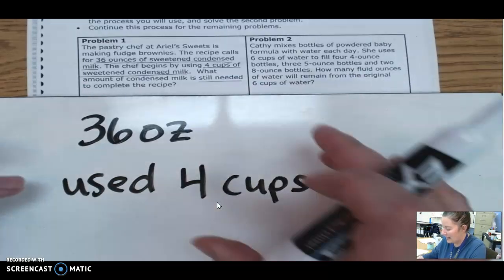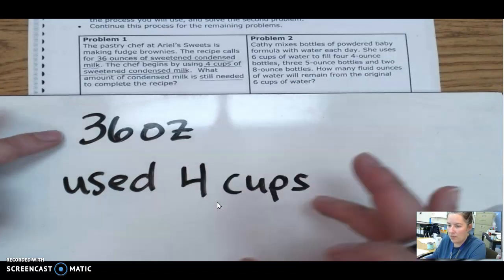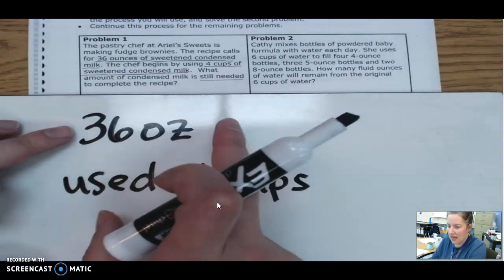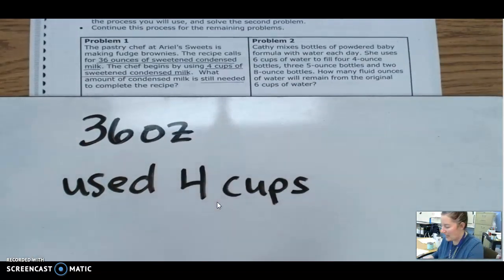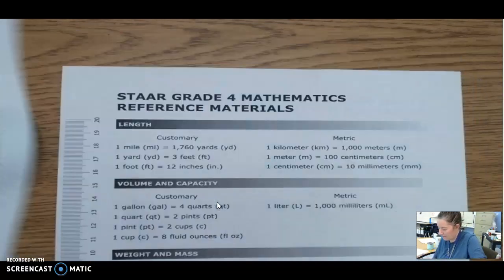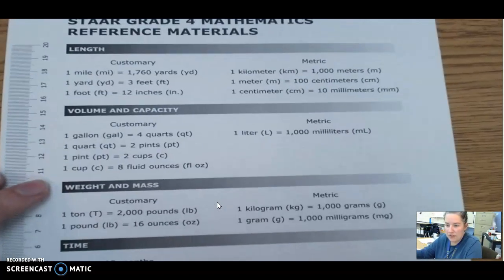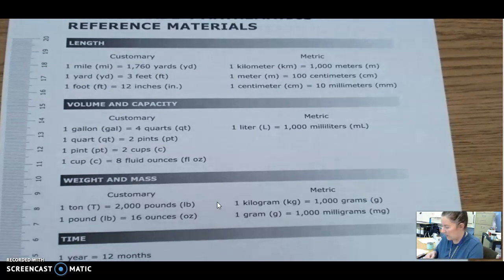So I need to get them with the same type of measurement. I can't compare them and figure out how much you have left with it as ounces and as cups. So I need to look at my conversion chart and see if I can find what we're talking about with ounces and cups.